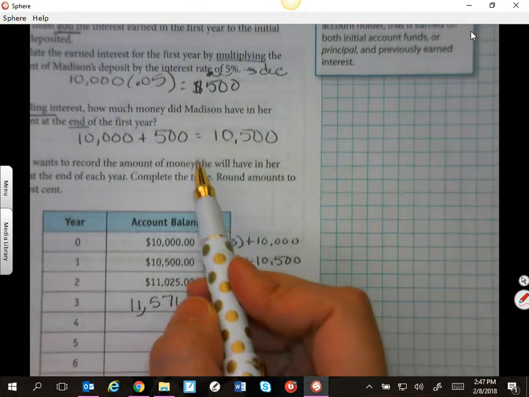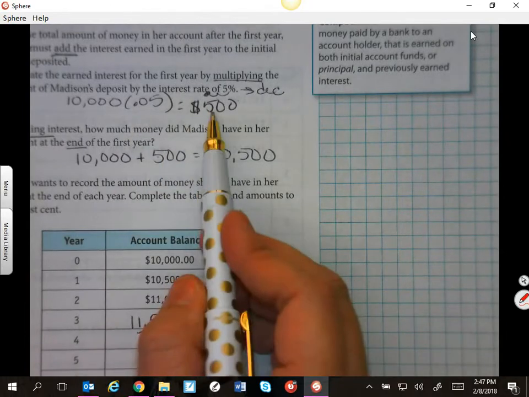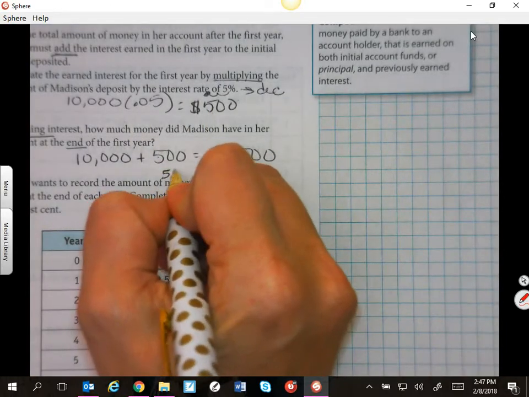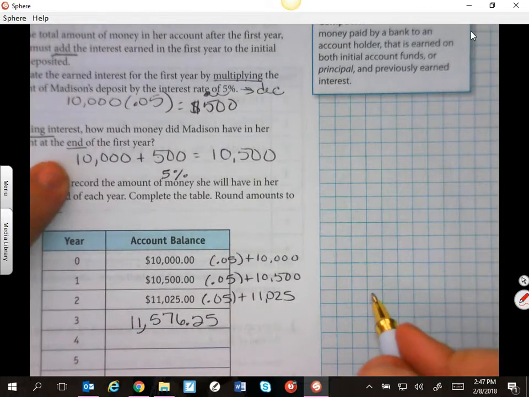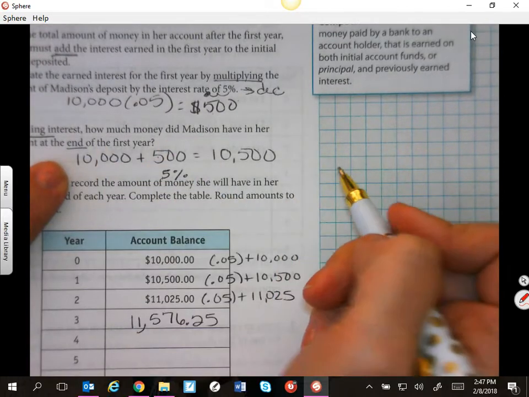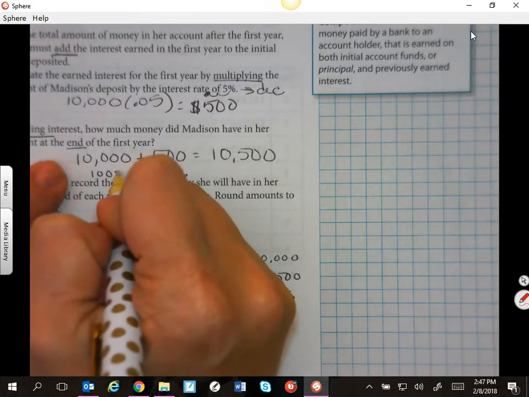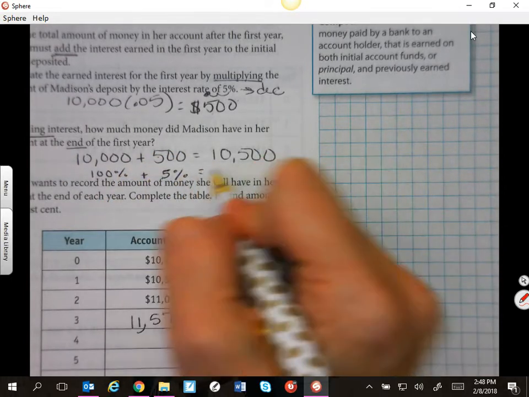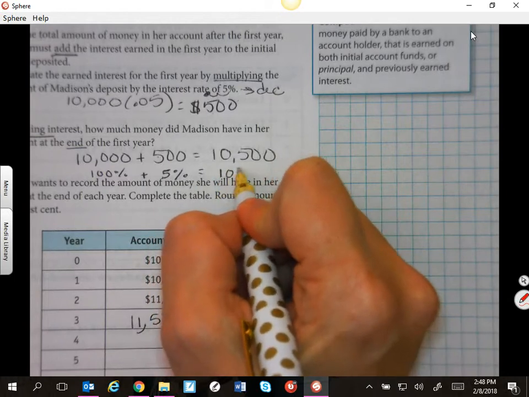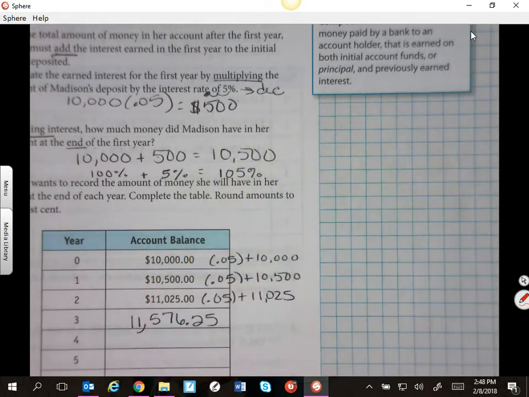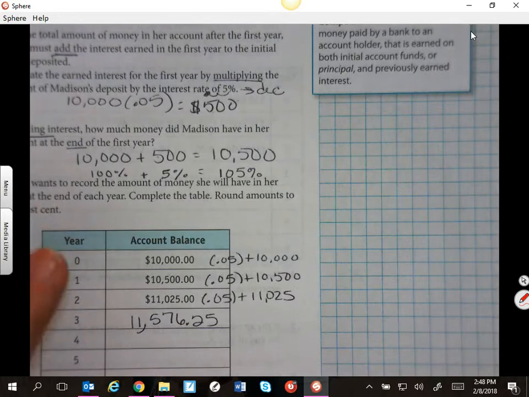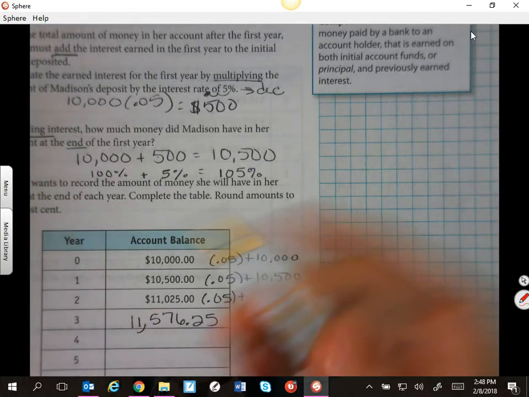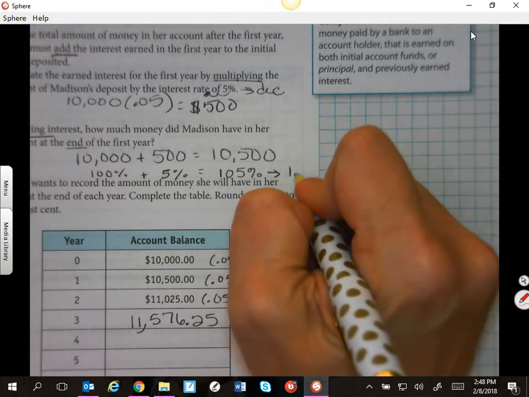So I want you to think about these values percentage-wise. We go back to our original. This 500 was this 5%. The 10,000 percent-wise is 100% of what she invested. And we added those together. So really, this 10,500 is representing 105% of her investment. If we change 105% to a decimal, we get 1.05.